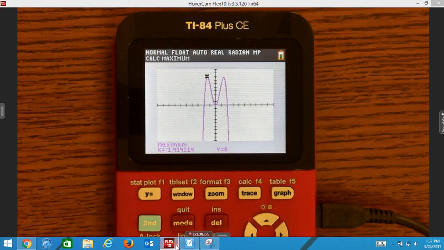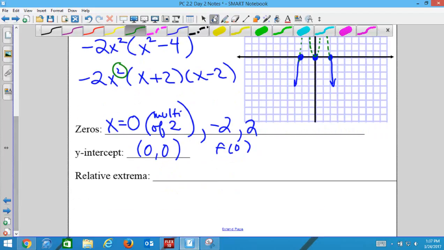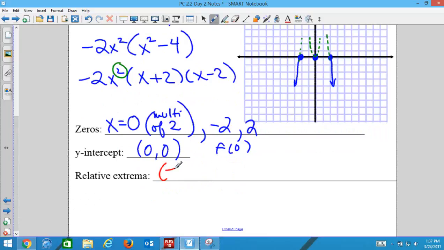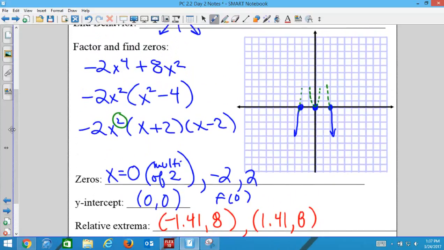All right, so the relative extrema, negative 1.41, comma 8. And then you have to find the other one too. Did everybody find the other one? Because of the way the equation is set up, this one is symmetric. They're not all symmetric.